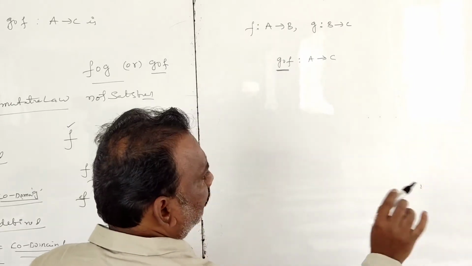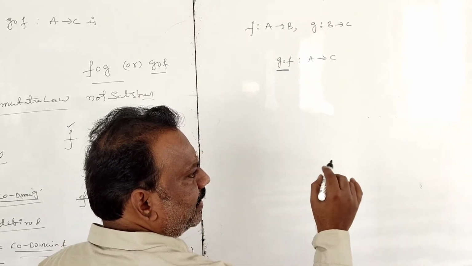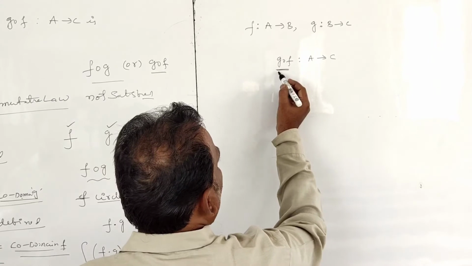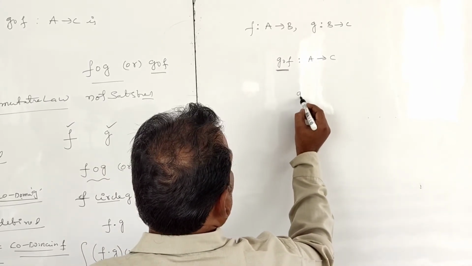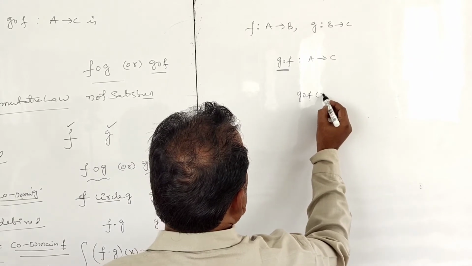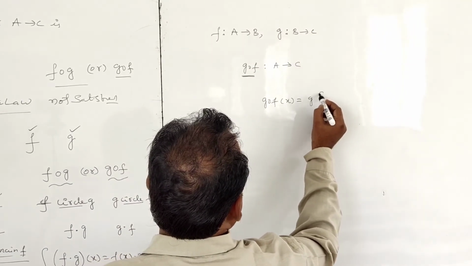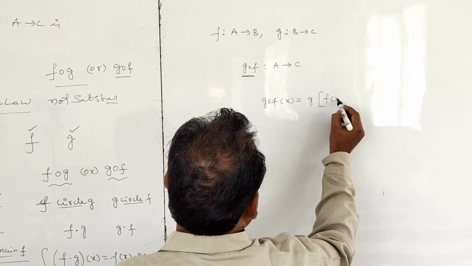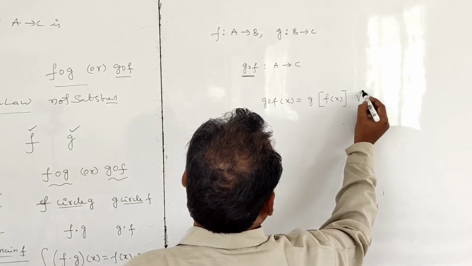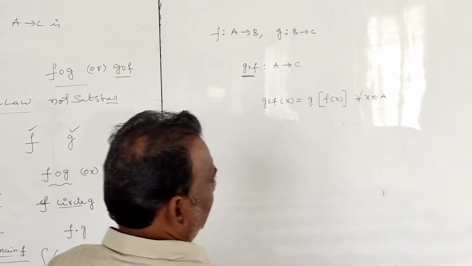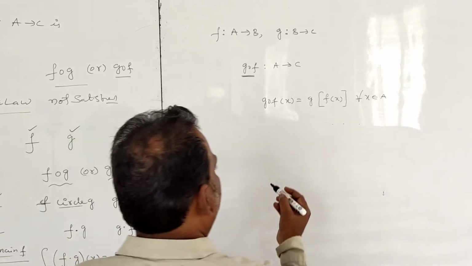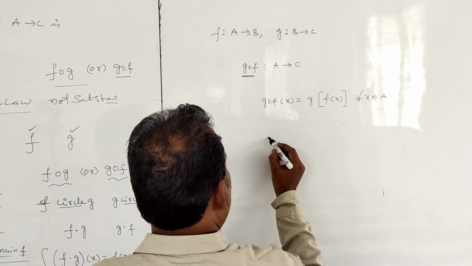Only g circle f. Here f circle g does not exist. G circle f exists from A to C. There is a formula: g circle f of x is equal to g of f of x, for all x belonging to A, the domain. I will explain with a diagram.